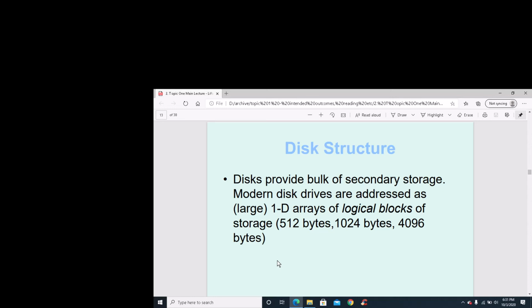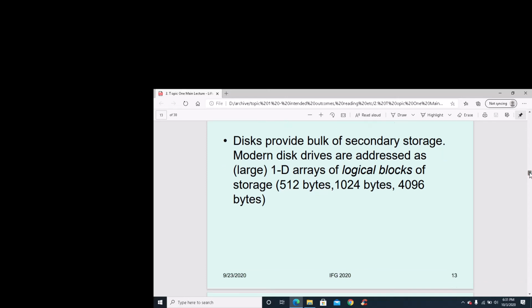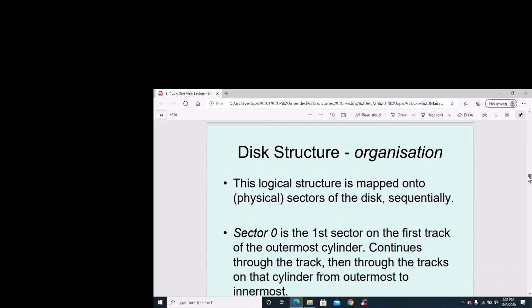And each array consists of logical blocks of storage, which is capable of storing 512 bytes, 1024, 4096, and so on. I mean, 4096 seems to be a fairly common sector or logical block size. And this logical structure is mapped onto physical sectors of the disk in sequence.